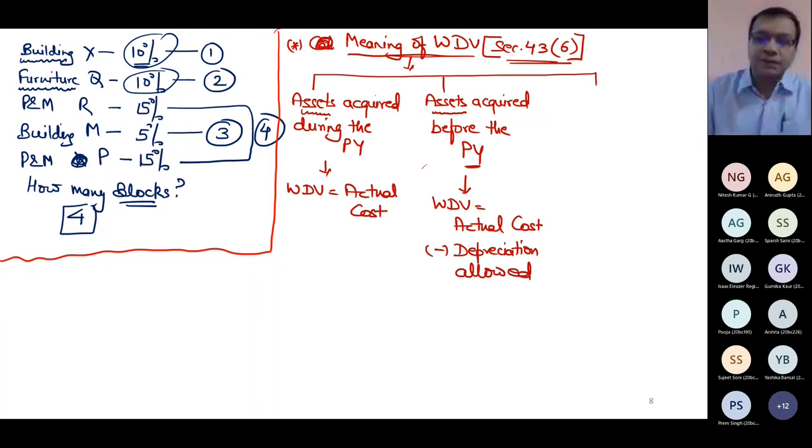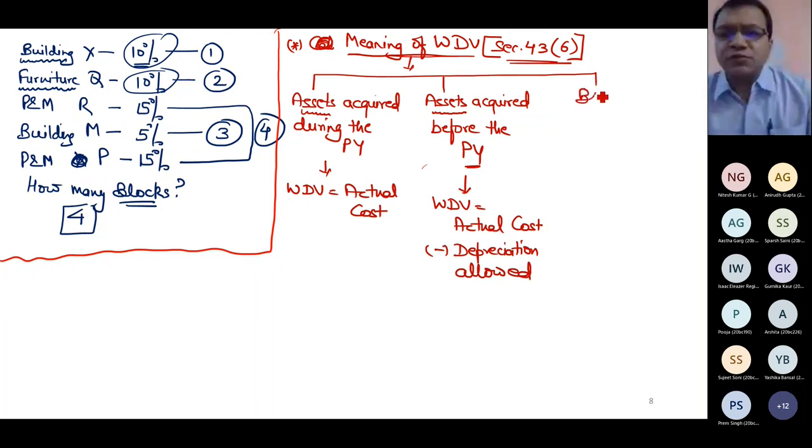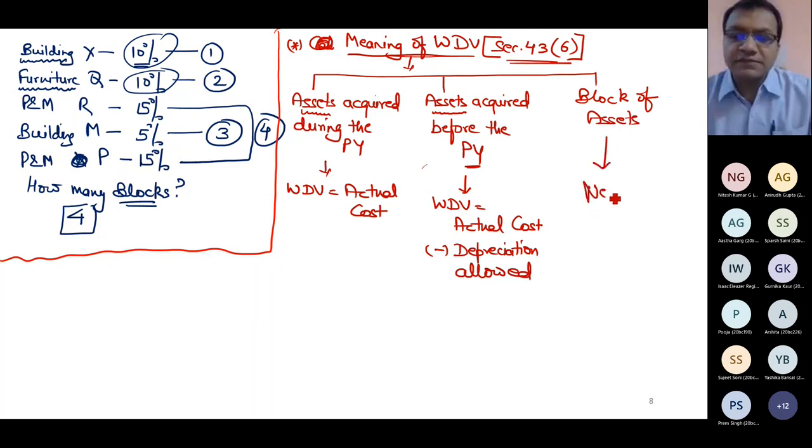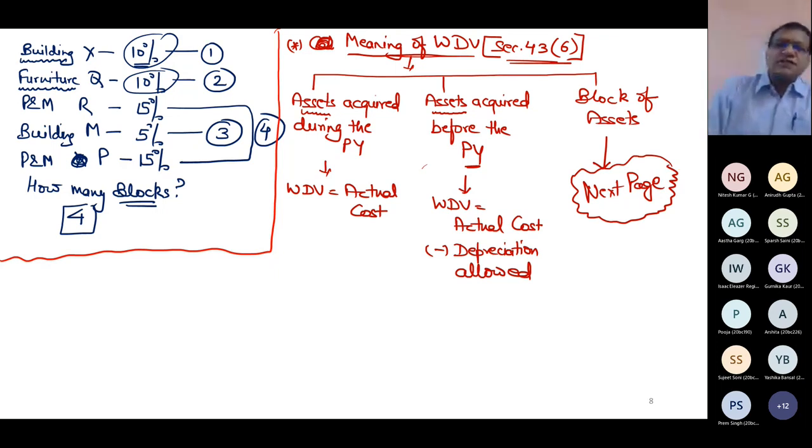The difference is WDV. And when you are merging different assets, so in case of block of assets, which is relevant for me? In case of block of assets, what is WDV? That I'll explain on next page because it is a little bit lengthy. For fresh asset which is acquired during the previous year, WDV is equal to actual cost.